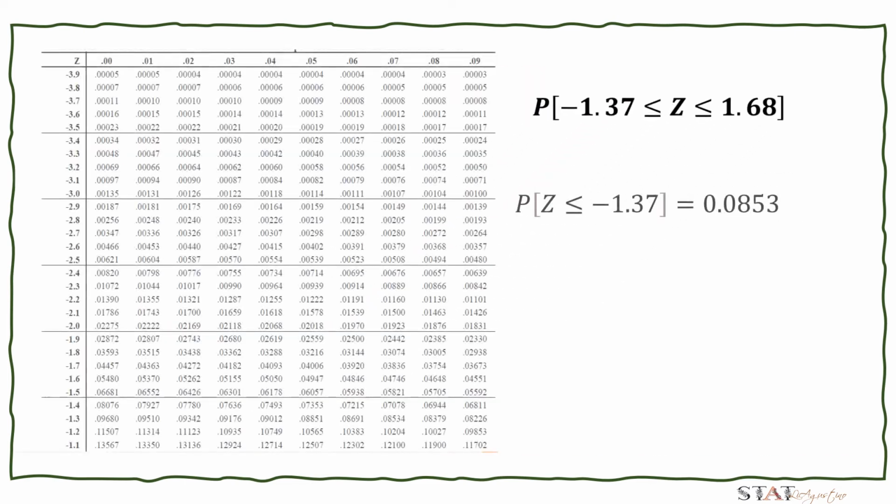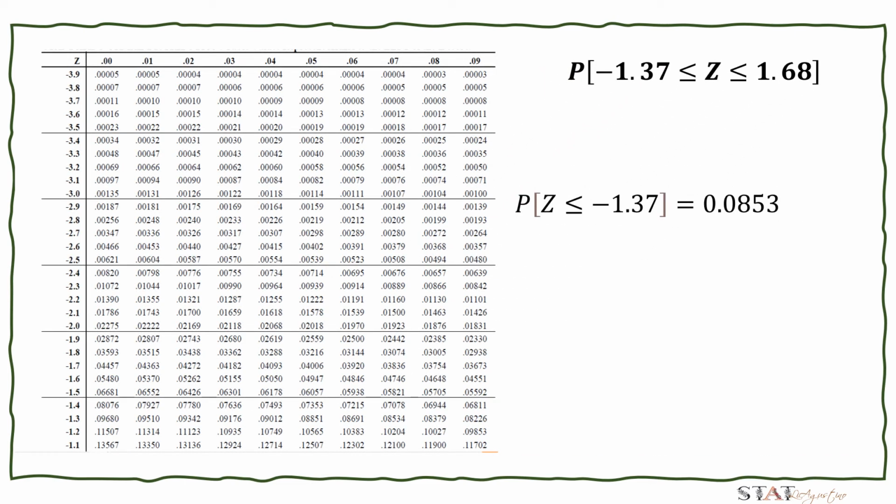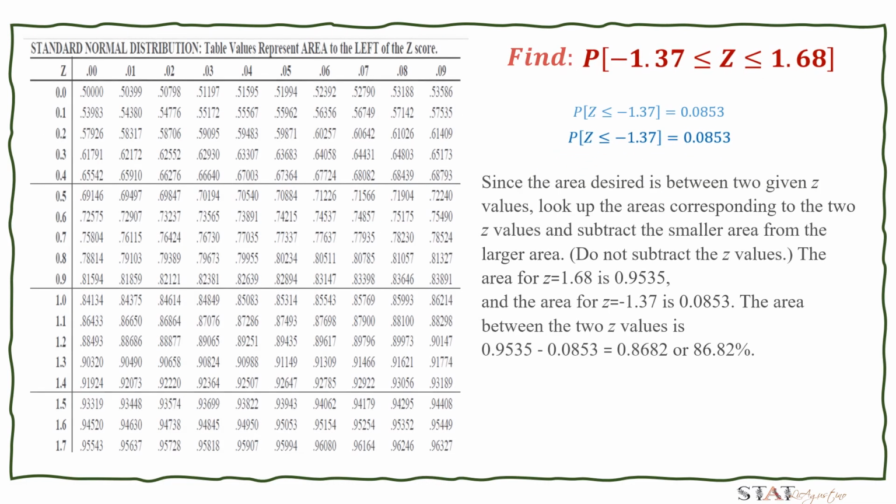So using the same table, the z table, we look for negative 1.37. So here, negative 1.3 and then up 7. So we have the value is 0.0853.